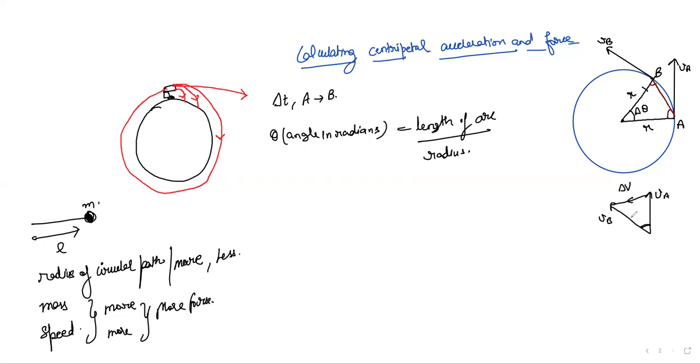Since VA and VB have the same magnitude, these two lengths will be equal. There is a mathematics property: whatever angle is between two lines, their perpendiculars will also have the same angle. Now, the angle between these two lines, OA and OB, is delta theta, and this line and this line are perpendicular, so they will also have angle delta theta. Is it fine?